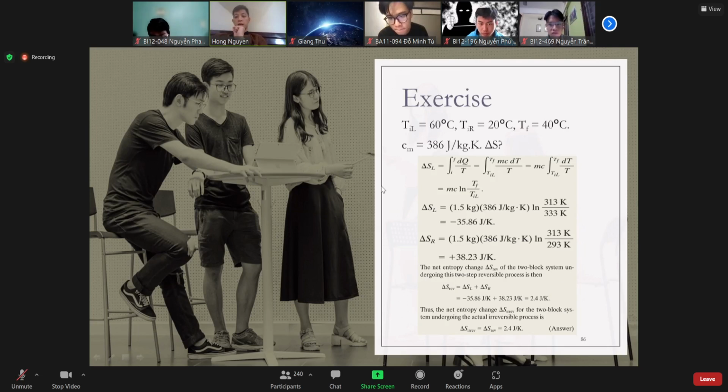The thing here is that if we consider the block on your left is a system, and the right is also a system, then we will have an open system. And with an open system, the entropy might be positive or negative.